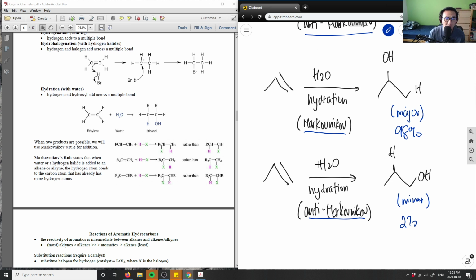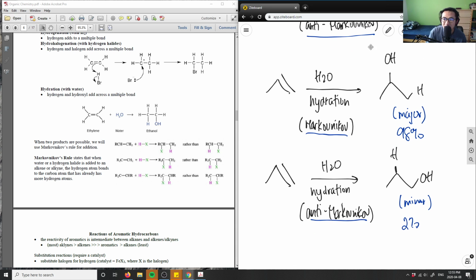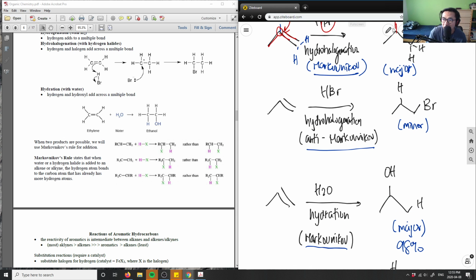So that's Markovnikov's Rule. We have anti-Markovnikov and Markovnikov. When we talk about anti-Markovnikov, I can actually use this reagent, hydrogen peroxide, to help it go anti-Markovnikov. So whenever I need to do an anti-Markovnikov addition, I can use hydrogen peroxide to help me. Because what if I really wanted this minor product here?